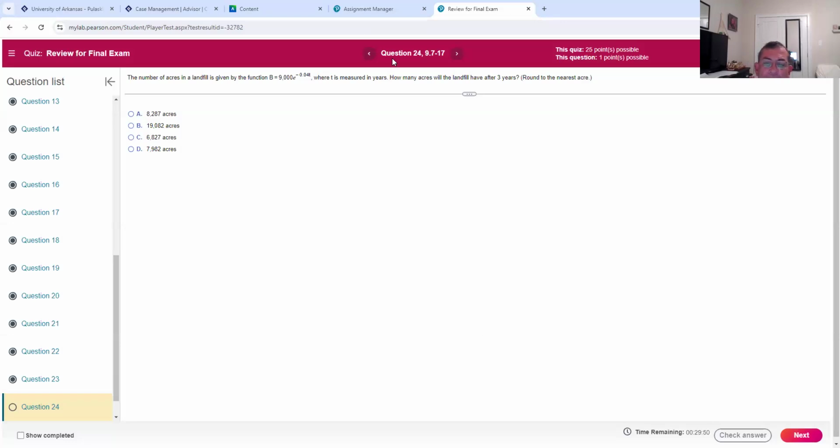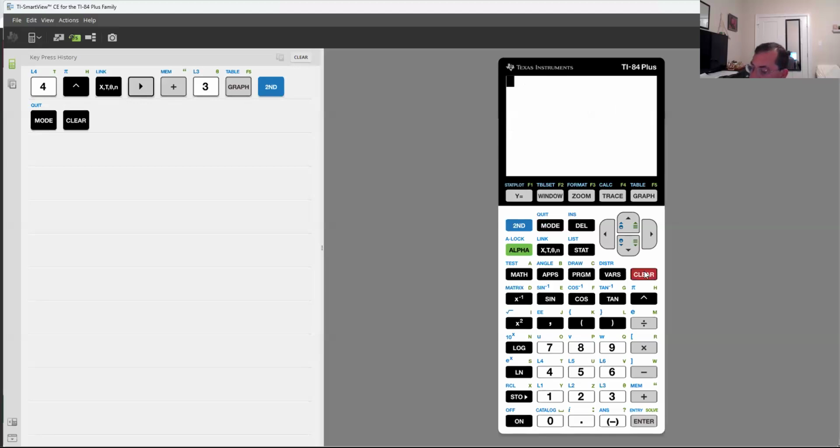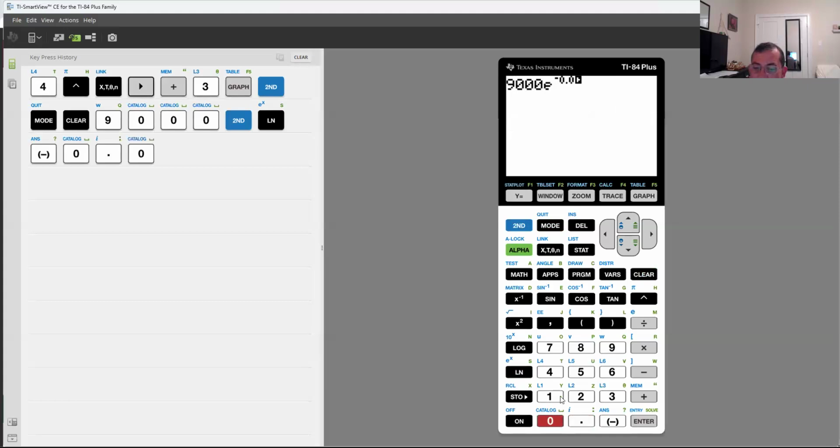after 3 years, and we're rounding to the nearest acre. So y'all, I'm just going to punch that on my calculator. So I'm going to quit this screen, clear that out. So I'm going to put in 9,000. I'm going to use the second ln because it'll give me the exponent, which is a negative 0.04 times my t, which was 3 years.